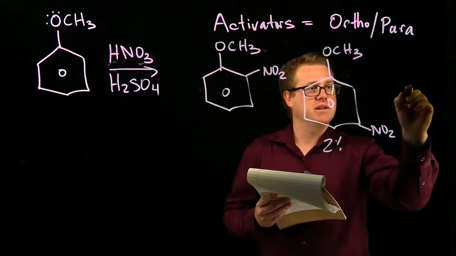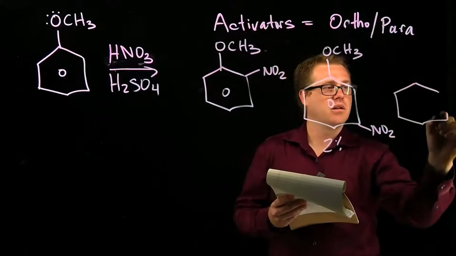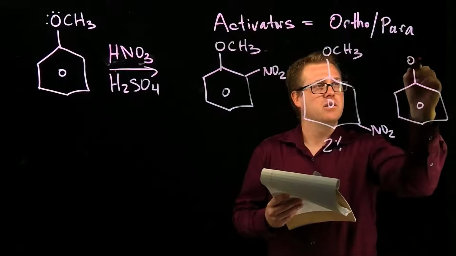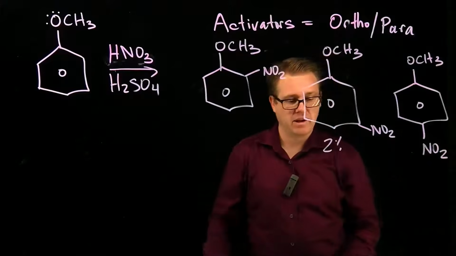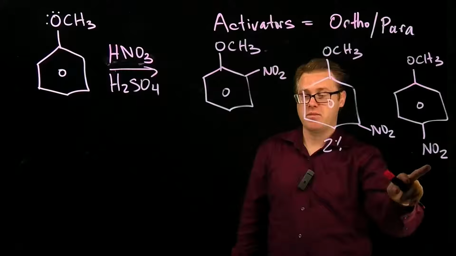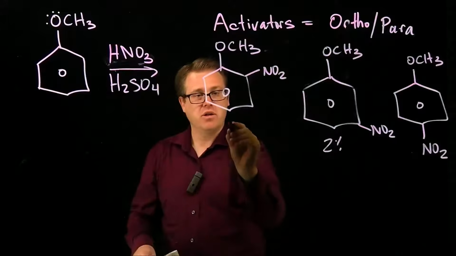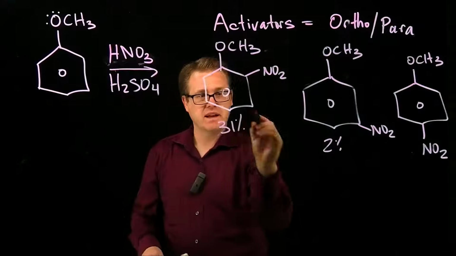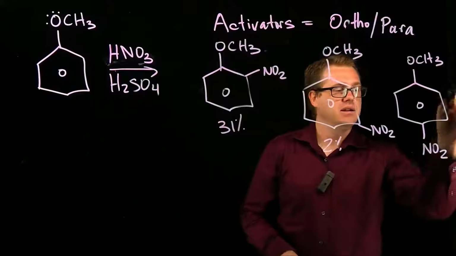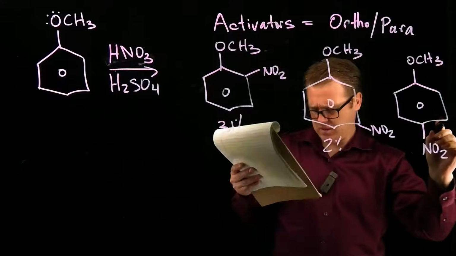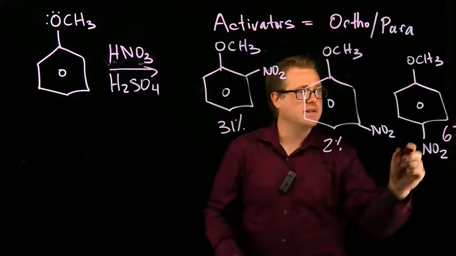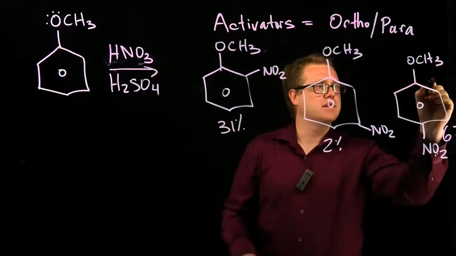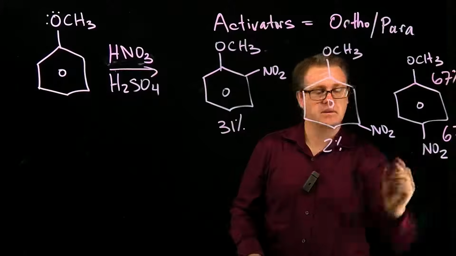And let's try to squeeze this one in here. We can have some in the para position. So the ortho is 31%, and the para is, what was it, 67%. Can't see that, so let's put it right here, 67%.